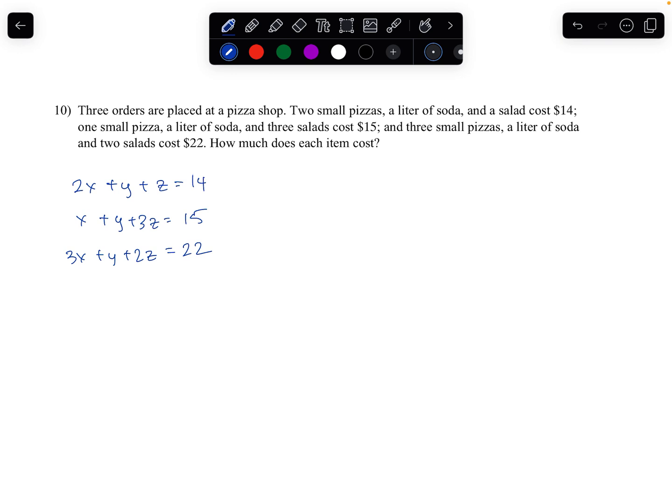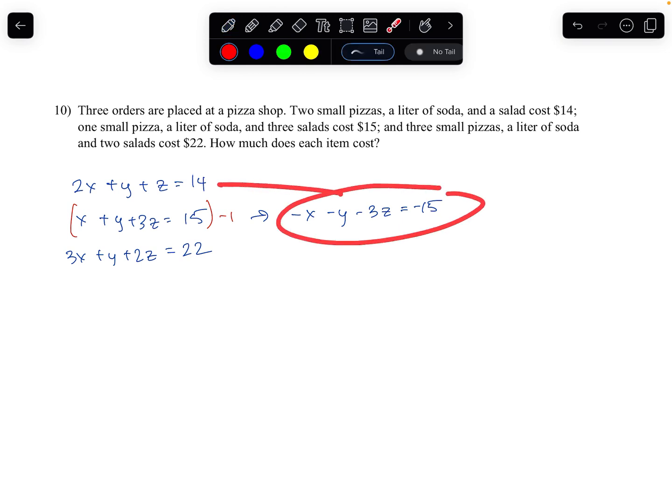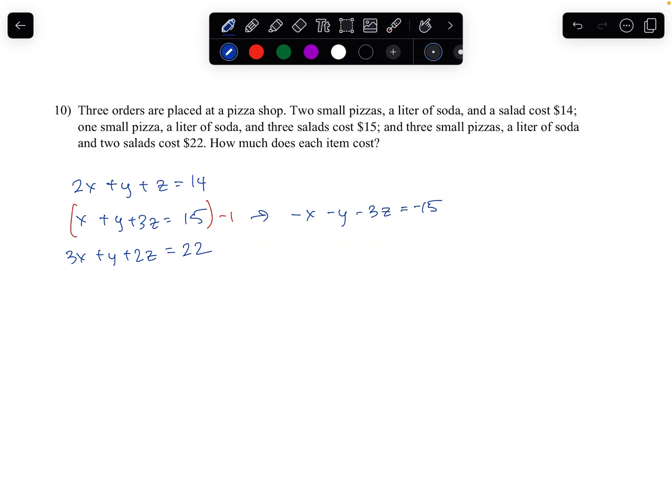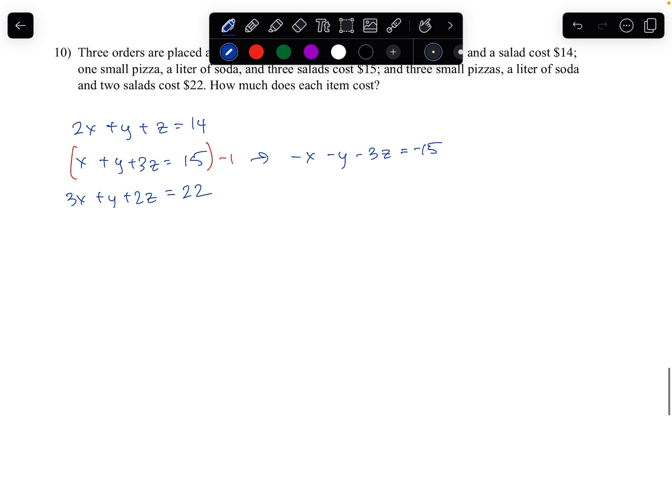I think so. I think the easiest to eliminate here would be y. So I'm going to multiply this by negative 1. So that's going to give me negative x minus y minus 3z equal to negative 15. And I can take this equation and add it to those to get rid of y. So when I add these two together right there, negative x and 2x is x.